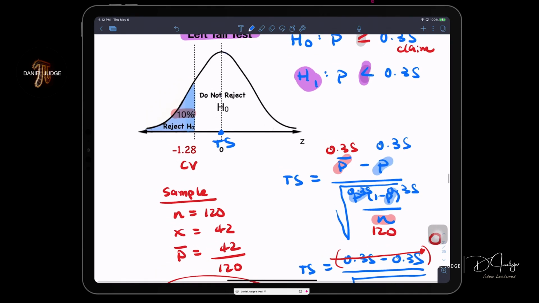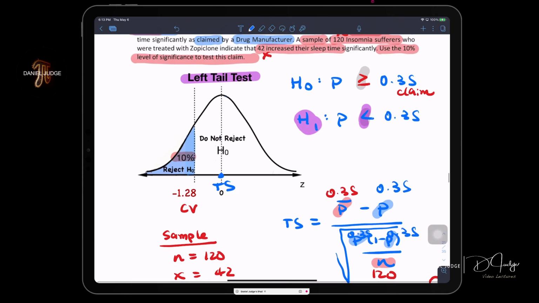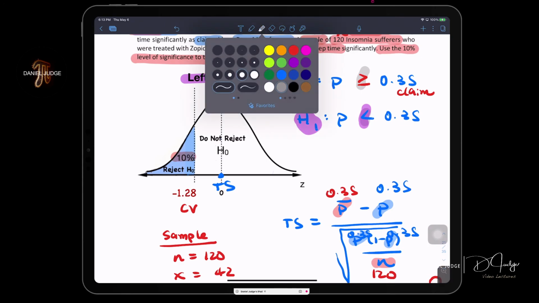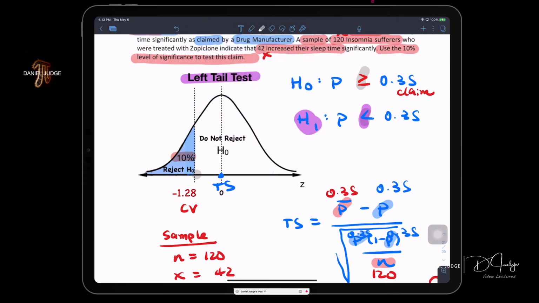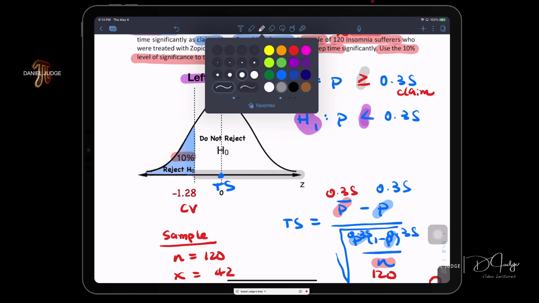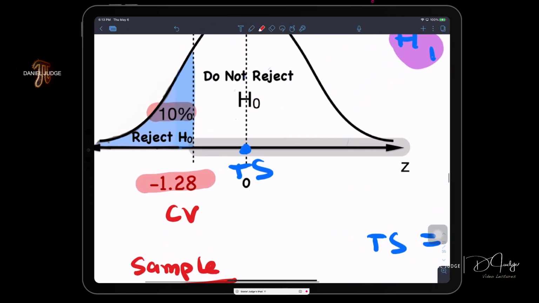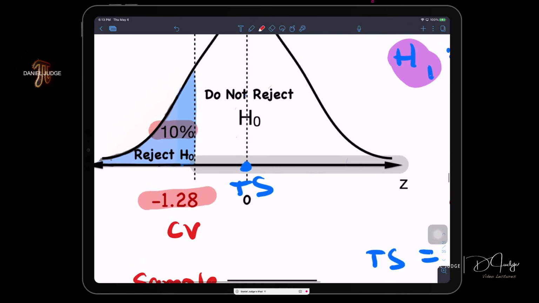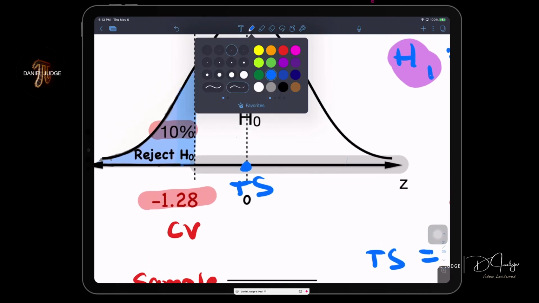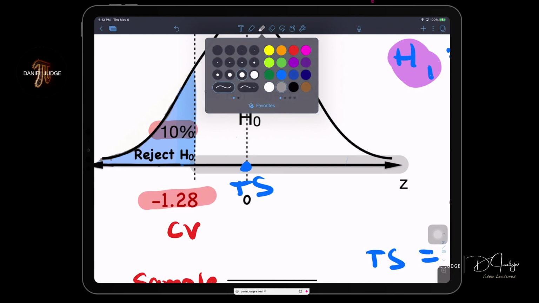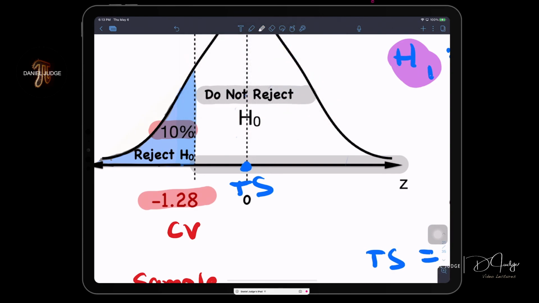So remember how this works here. Any test statistic that's to the left of my critical value of negative 1.28, any test statistic to the left, in this case it was 0, we do not reject the null.